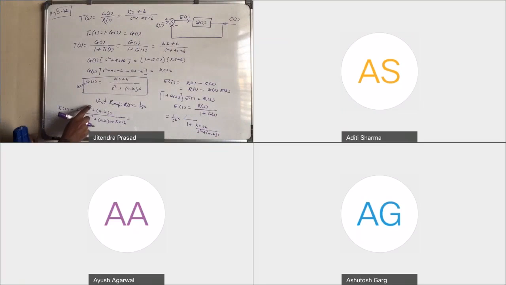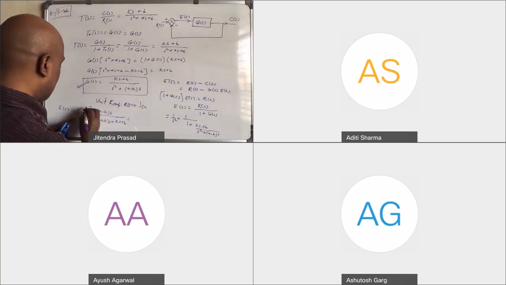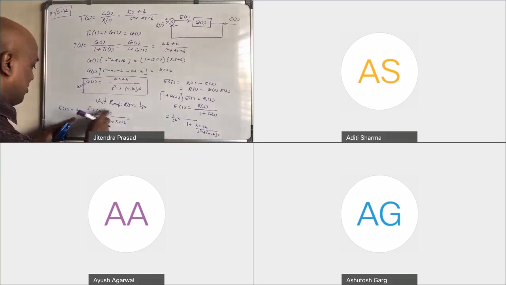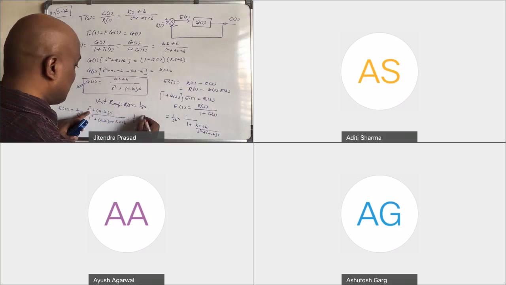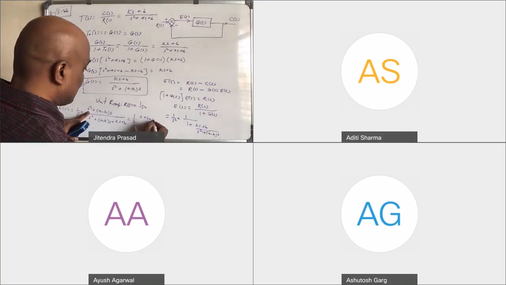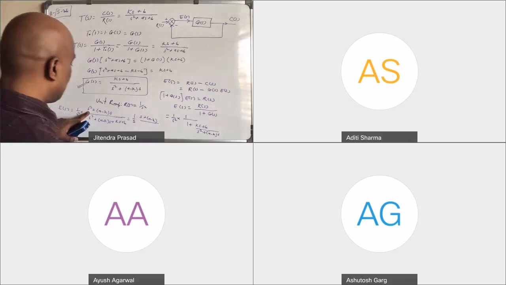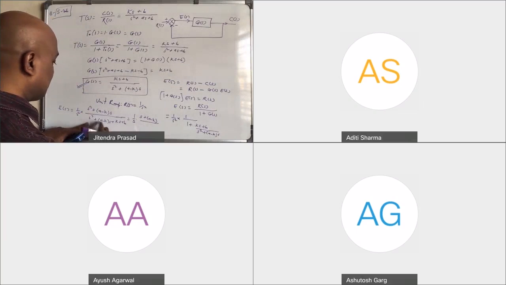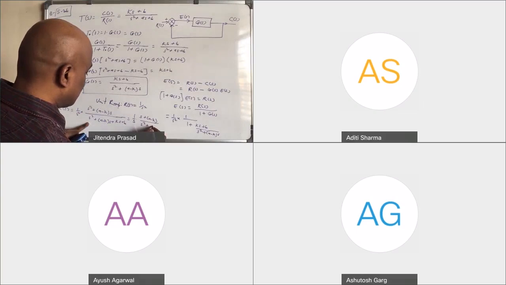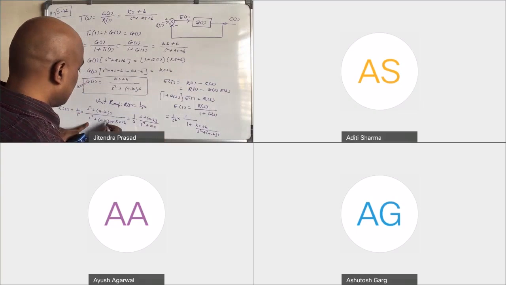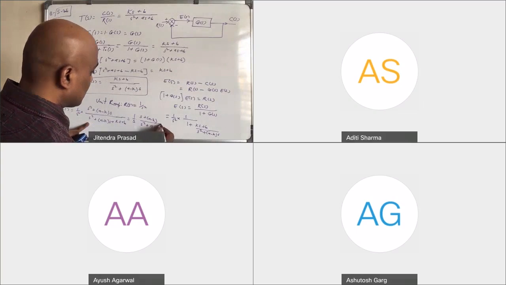We can cancel one of the s, so we have 1 over s, and then s plus a minus K divided by, and then the Ks terms cancel, s squared plus as plus b.